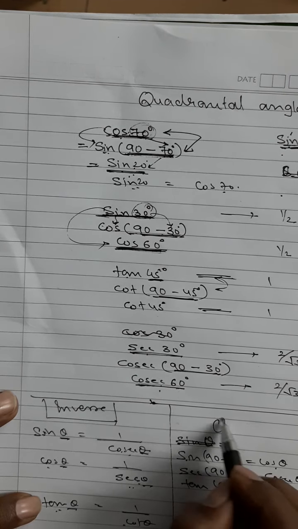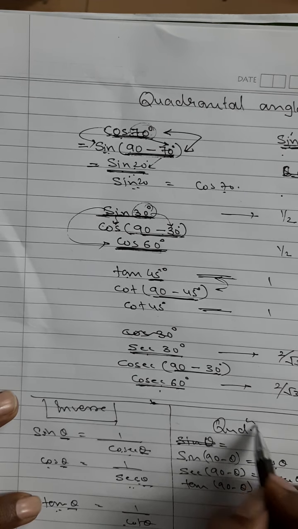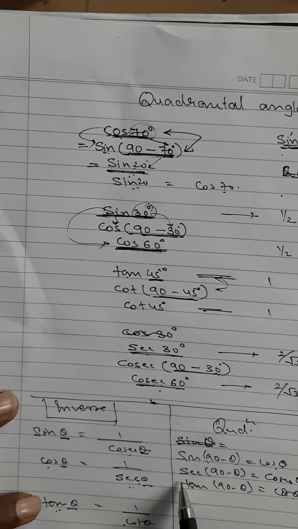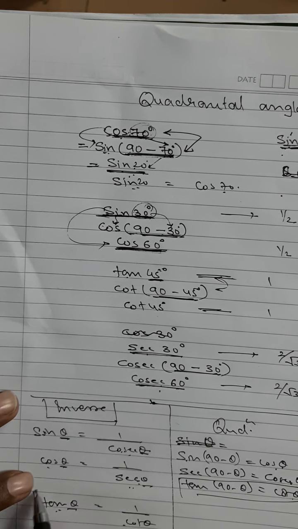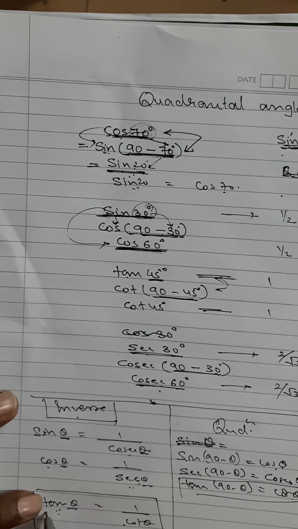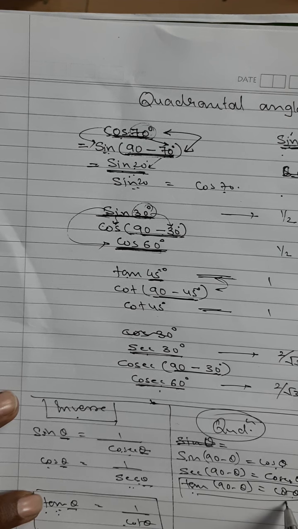Now here these are quadrantal angles. Fine. Here sine is connected to cos, sec is connected to cosec, and reverse. Tan and cot are the only ones who are loyal partners. In inverse formulas also, tan is the inverse of cot, cot is the inverse of tan. And in quadrantal angles also, tan is connected to cot and cot is connected to tan.